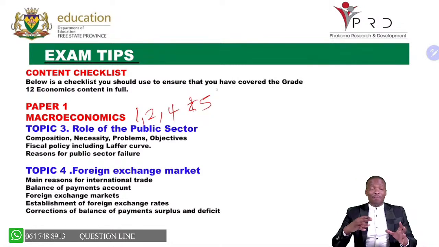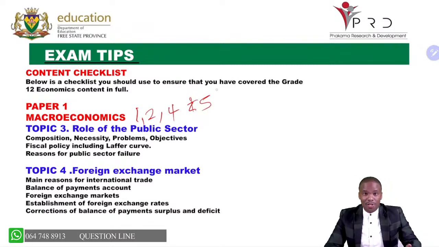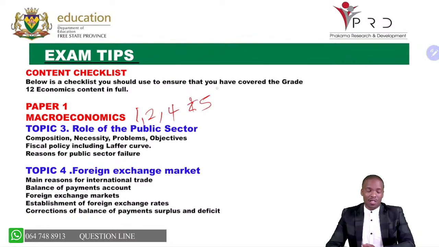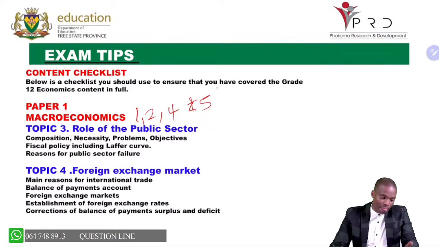So if by default you choose question 2, you'll only be doing macroeconomics. If you do question 4, you'll be choosing the mixture of macroeconomics and economic pursuit. And then the first question in section C of 40 marks is macroeconomics, which we'll be discussing when it comes to the issues of essays.